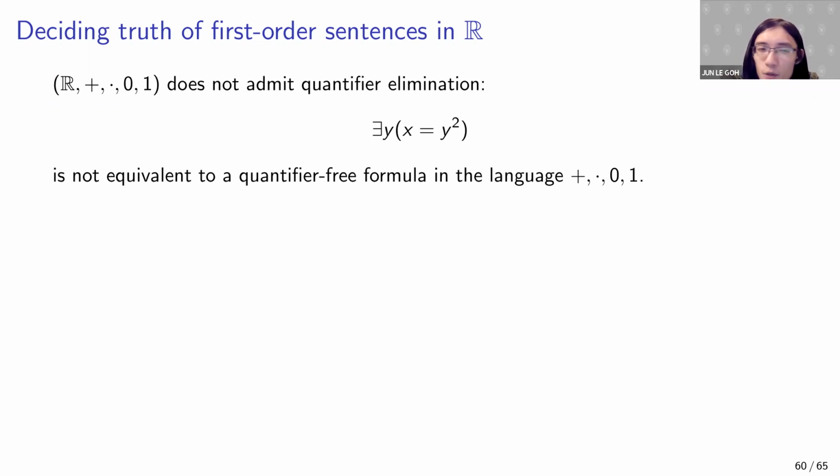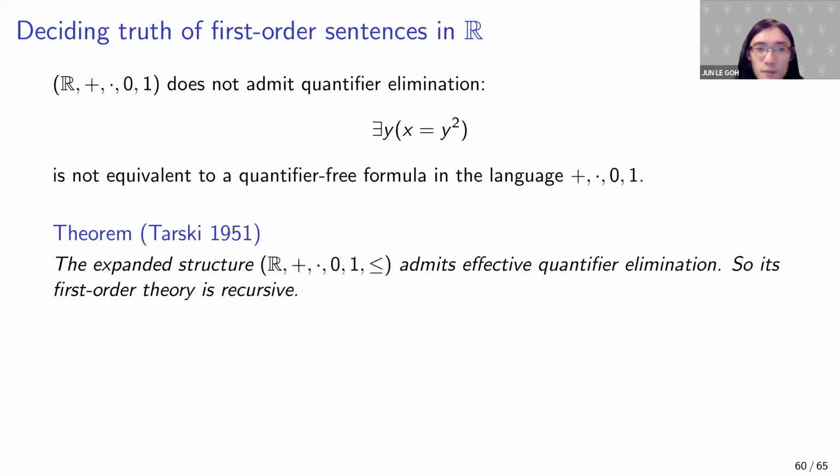And this, I think, is a very cool fact, namely that if we expand the language to include the ordering, so now the language includes plus, times, 0 and 1, and also the ordering, then in this expanded structure we can do quantifier elimination, and in fact, effective quantifier elimination. This was shown by Tarski. And as a consequence, the first order theory of this structure is recursive.